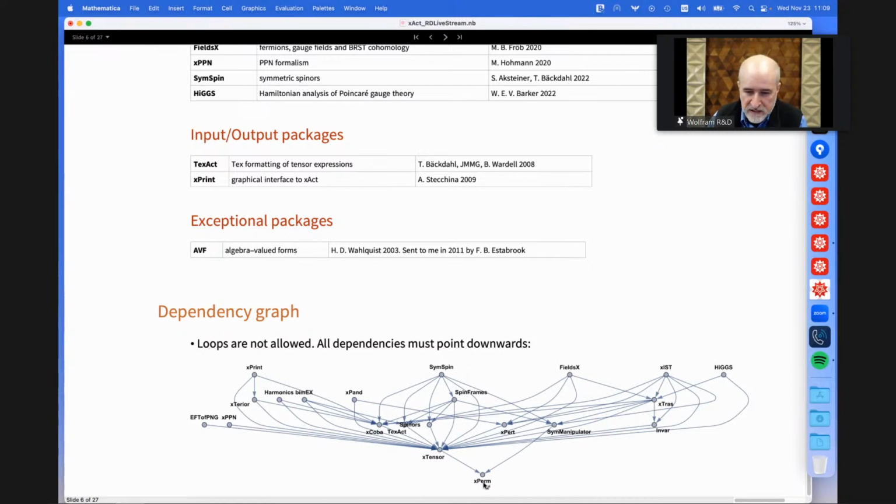We have the permutation group theory package here at the bottom. Then we have the abstract computations package, xTensor. You see how everything depends on that one. And then we have other packages, various generations of packages that depend on other packages. This is a tower that is growing with time.